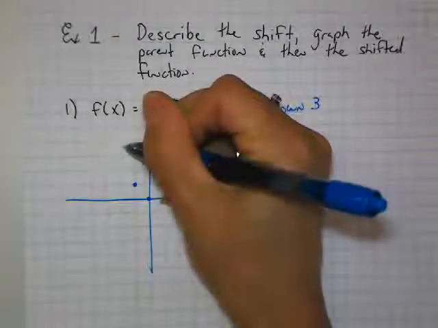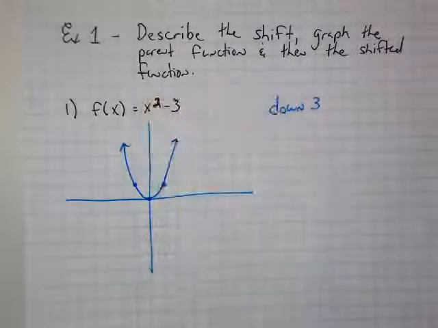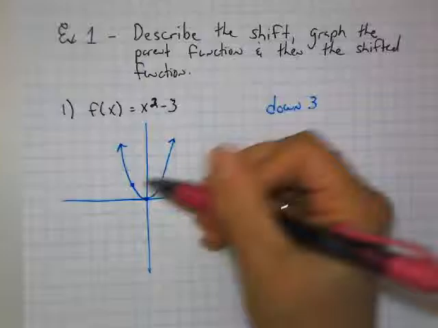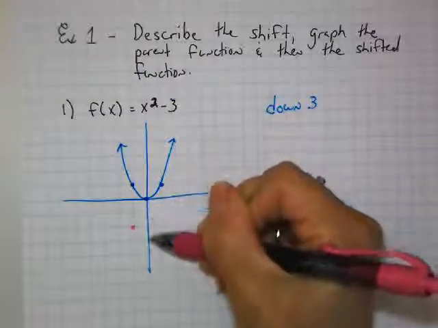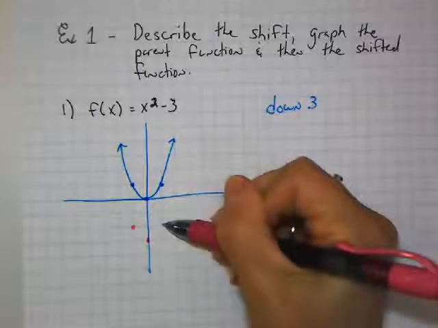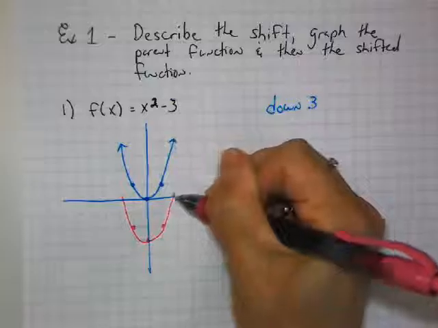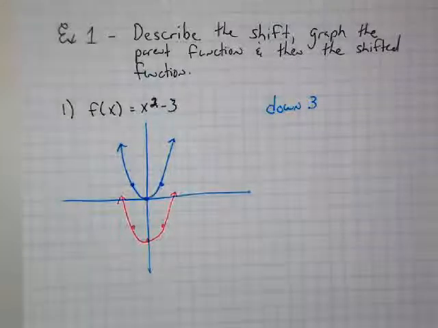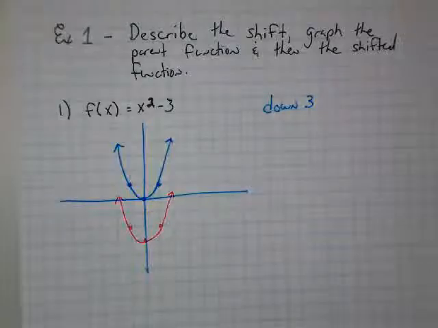That's your parent function. Now you told me that I want to go down 3. So I take every point and I move them down 3. And that's it. Easy schmeezy. Let's try another one.